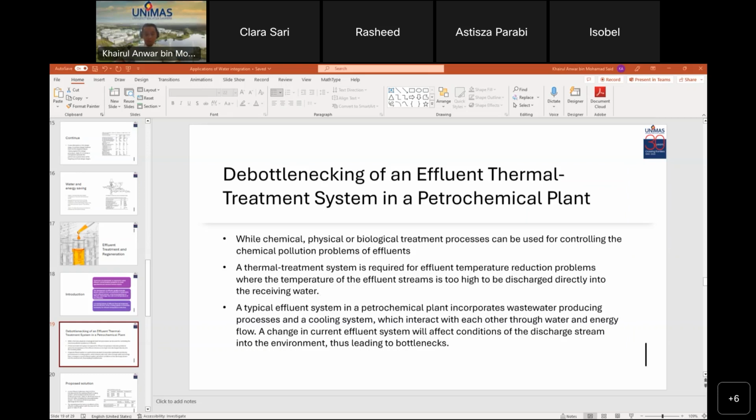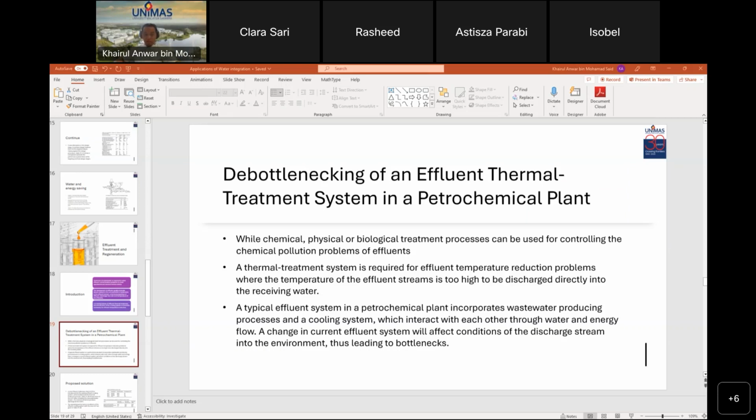A typical effluent system in a petrochemical plant incorporates wastewater producing processes and a cooling system which interact with each other through water and energy flow.